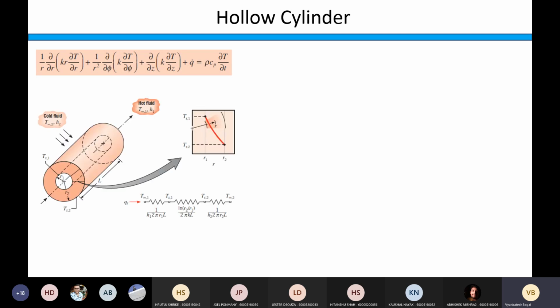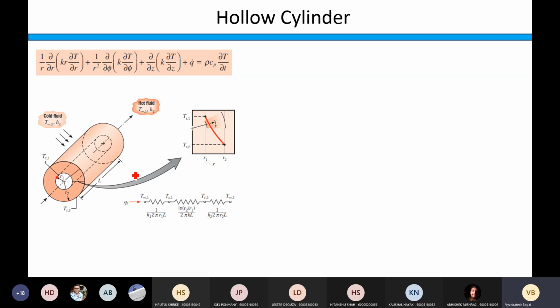The diagram now. So we have the hollow cylinder here. You can draw the diagram quickly. So this is your hollow cylinder. Note down the information which is given. So R1 is the inner radius and R2 is the outer radius of your cylinder.